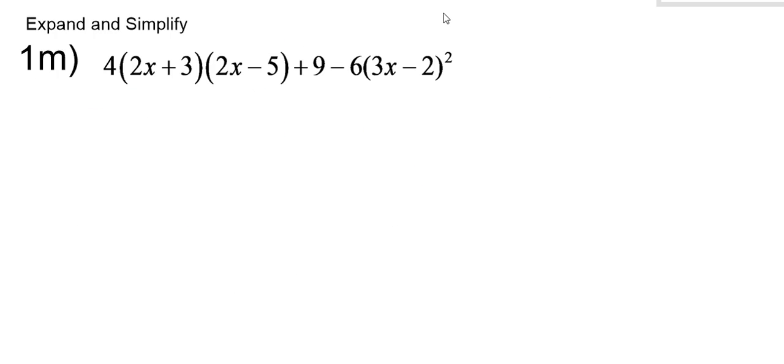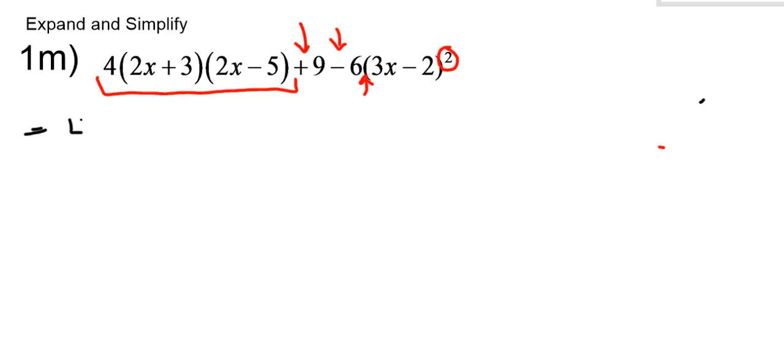1m, again, similar idea, but even more expanded. So in this question, I have all of this multiplied together, then I have a plus sign and a minus sign, and then I have a multiply and a square. So according to the rules of bedness, the first thing I should do is that exponent. So I'm going to start there. Now, obviously, you can do a little more than I'm doing in each step as long as you remember the rules of bedness.